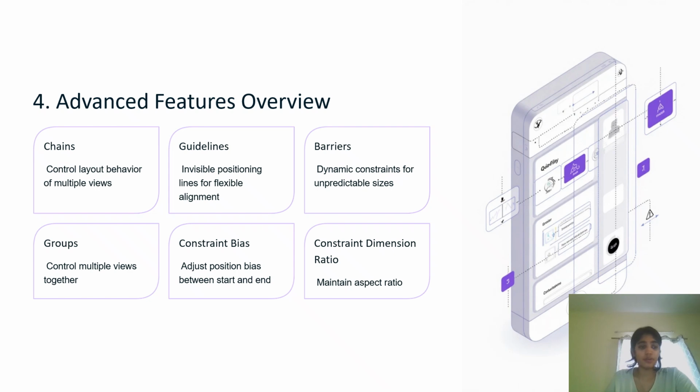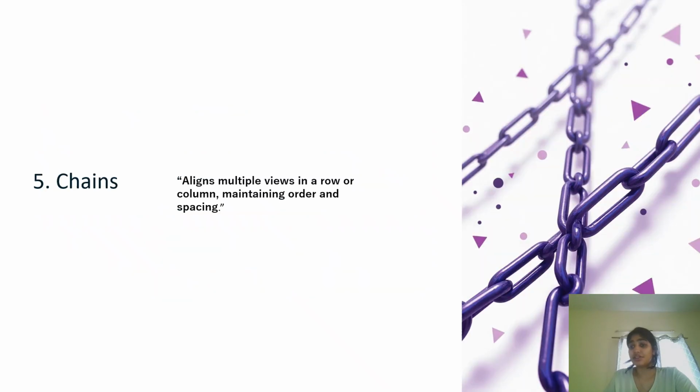And now we are going to see about group. Group is used to organize multiple views together so you can show, hide or change the visibility of the views with a single command. And now we are going to see about constraint bias. Constraint bias is used to adjust the position of a view between the two constraints. Constraint dimension ratio maintains the view as per the constraint ratio.